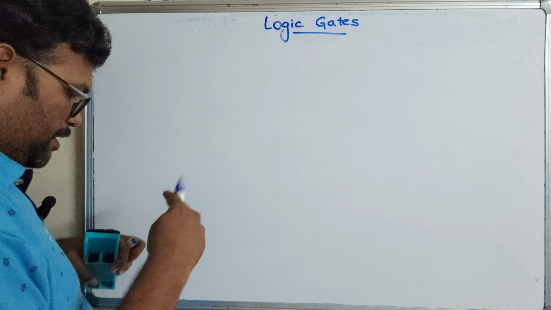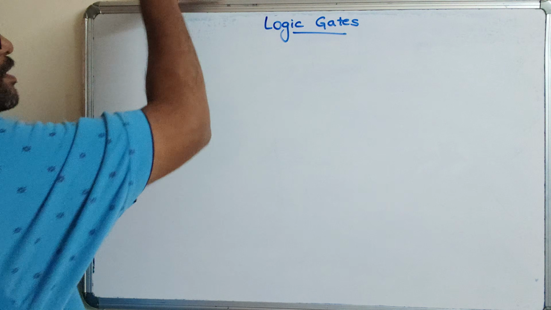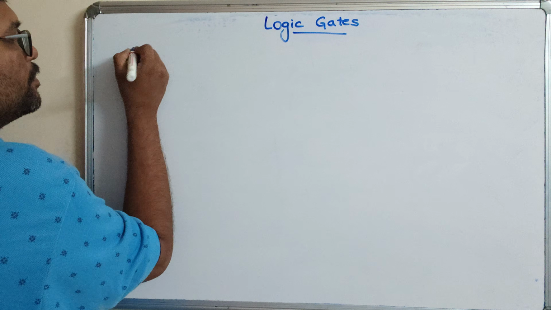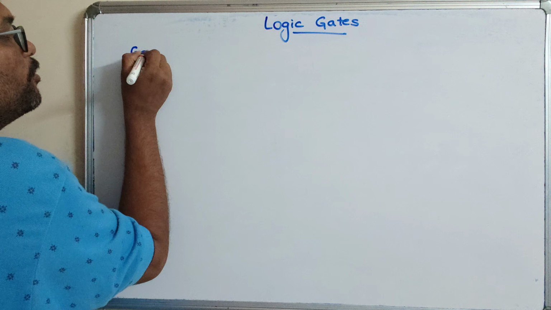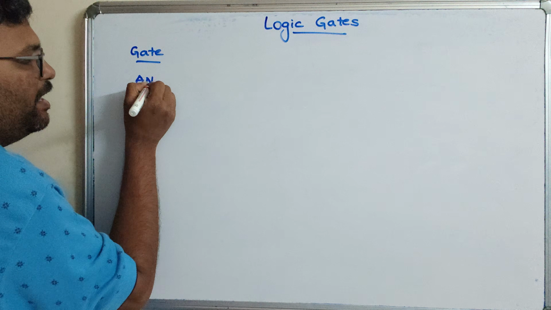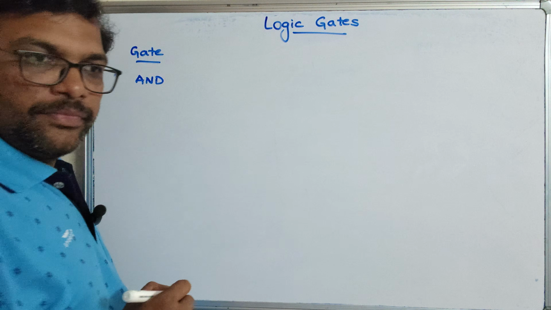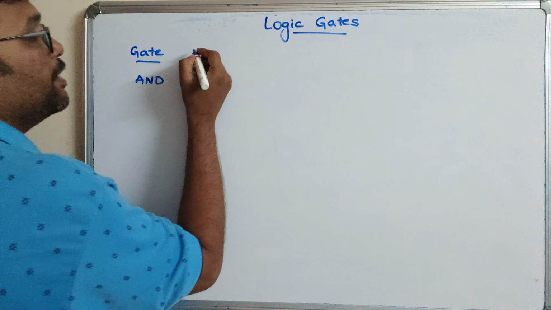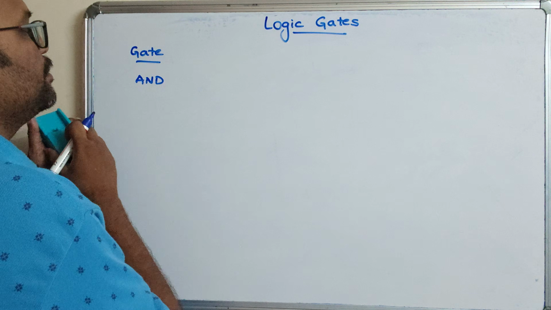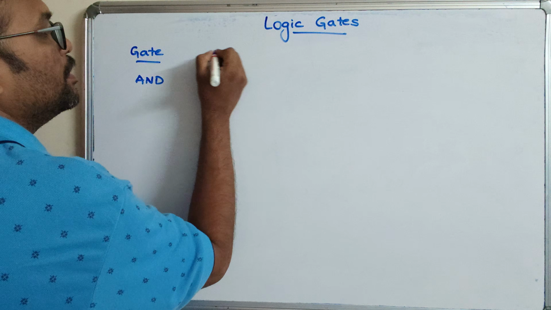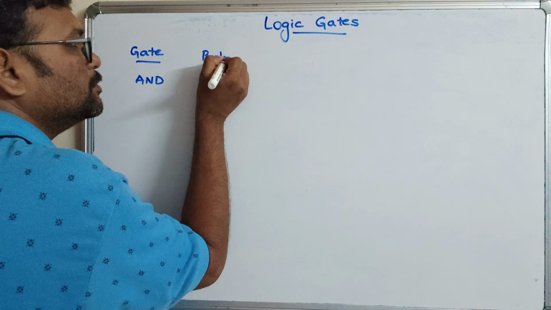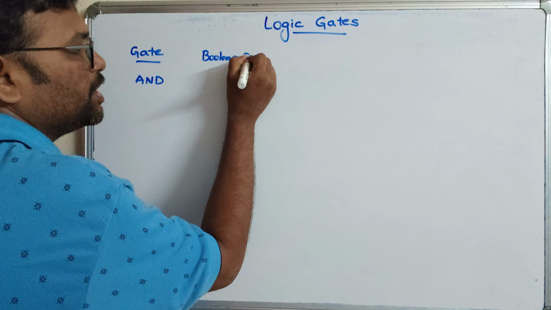First, here it is the gate name. So first we will take the AND gate. Here we'll read the Boolean expression.